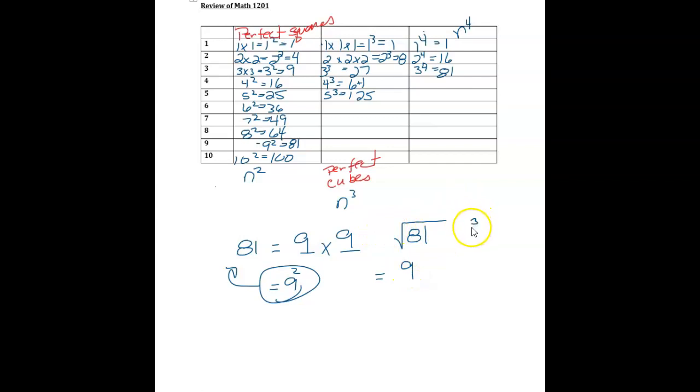So let me show you one a little different though. What if I had this written? And here's where I'd like for you to take notice of something. The number 3 is written on that little lip of the radical sign. And by the way, this is called a radical sign. This is called the index. So what's the importance of that 3?